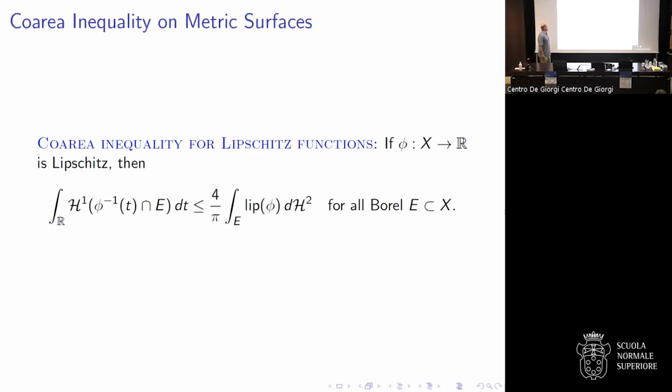It says that if we have a Lipschitz function, then for any Borel set E inside the domain, the length of the level sets inside E integrated is at most 4 times pi times the integral of the local Lipschitz constant over the set E.